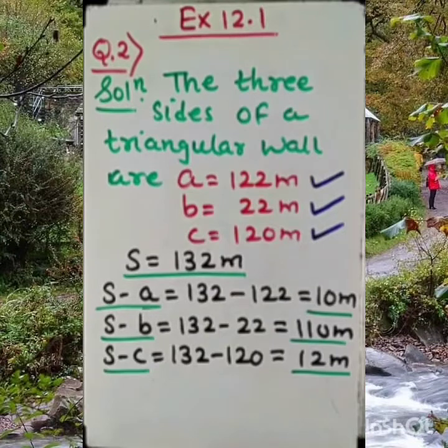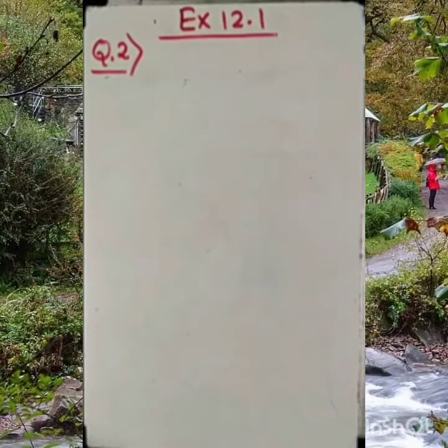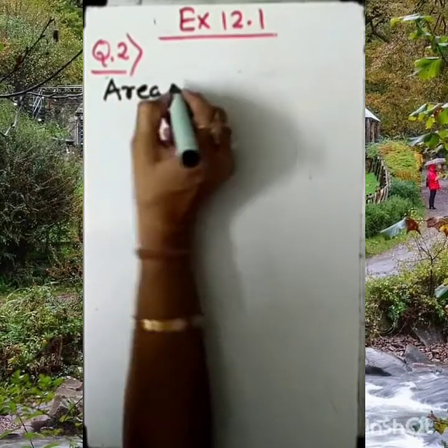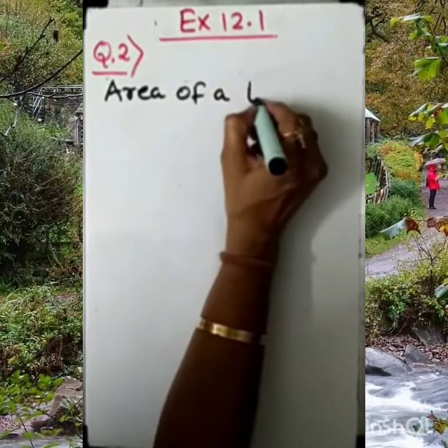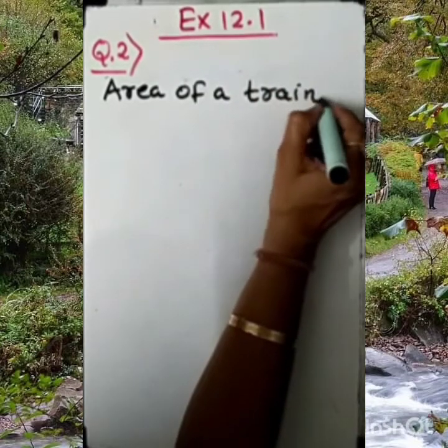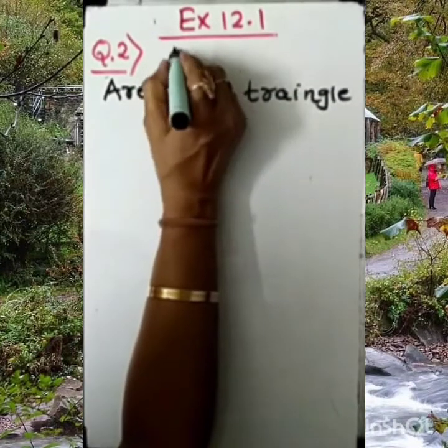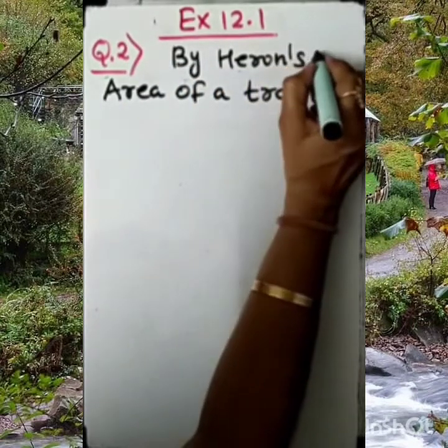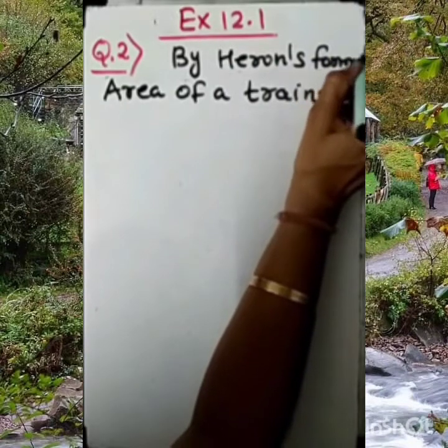These values we are going to substitute in Heron's formula to find the area of the triangle. So let's work out the area by applying Heron's formula.